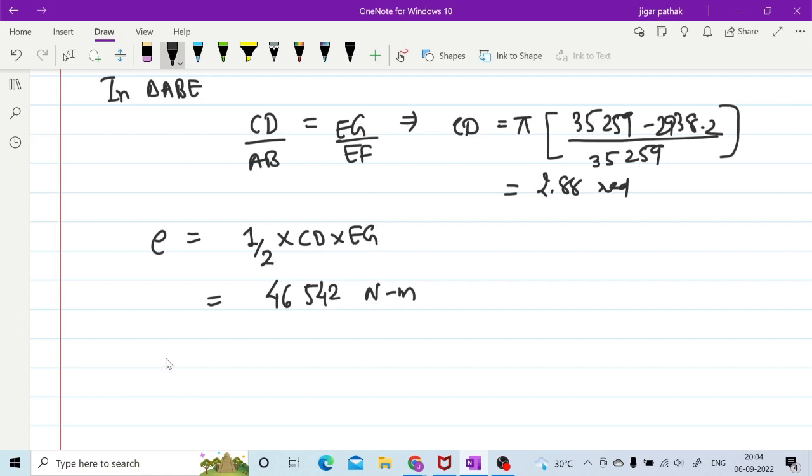Okay. So now once you know E, then what else is required? You have to calculate the velocity also, because ultimately you are asked to calculate the K. So this E will be helpful while you are calculating K, right?